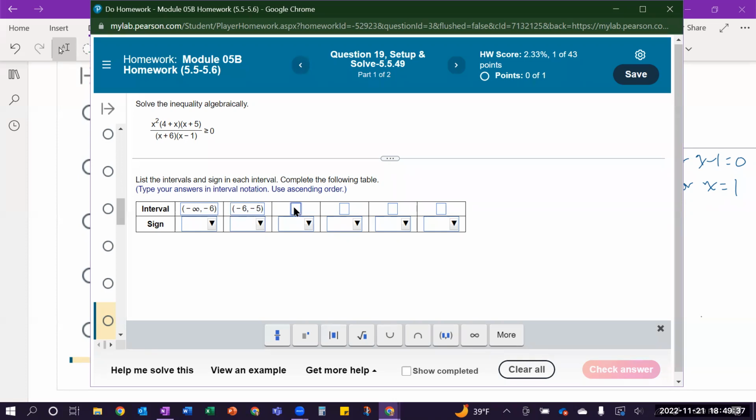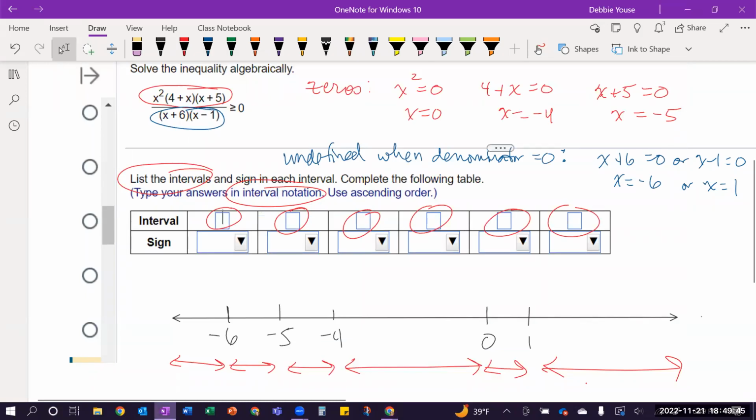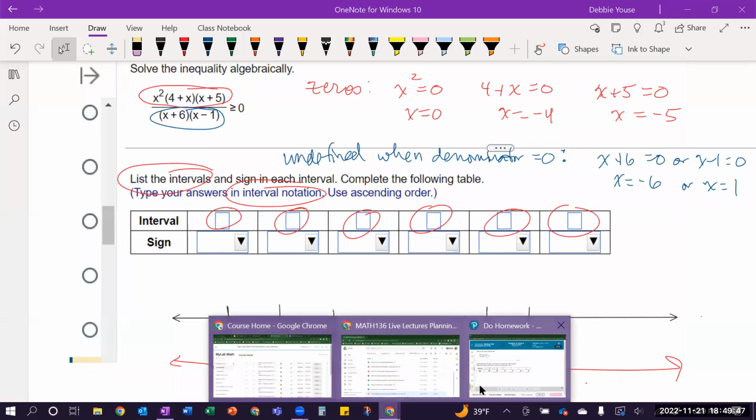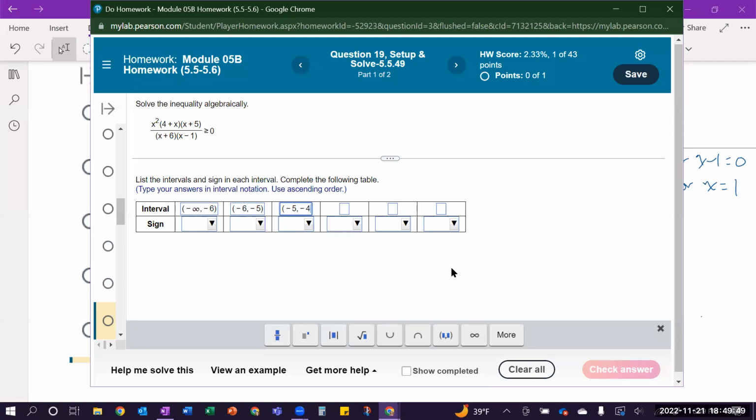The next one was parenthesis, -5, comma, did we have a -4? Yeah, we had -4. Then we jump from -4 to 0. And then we go from 0 to 1. And then we go from 1 to infinity.